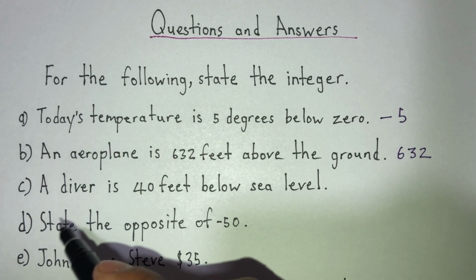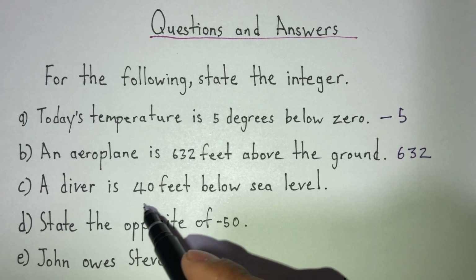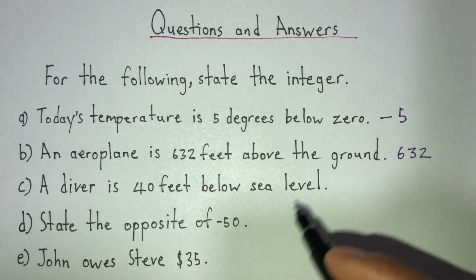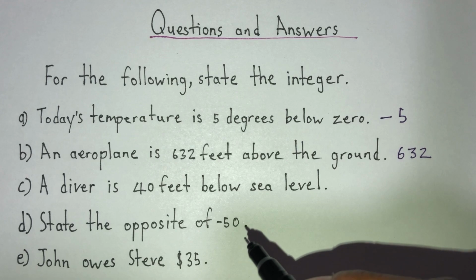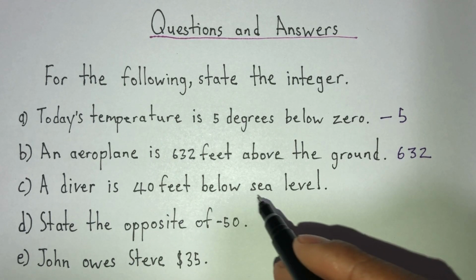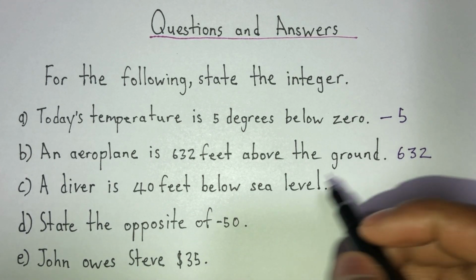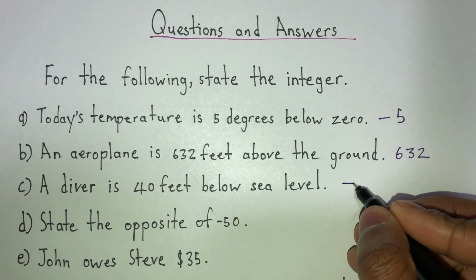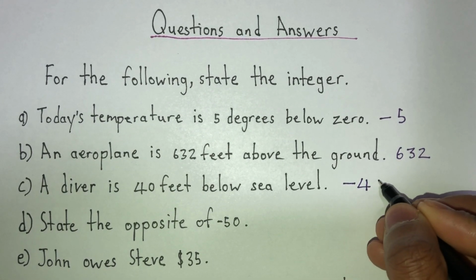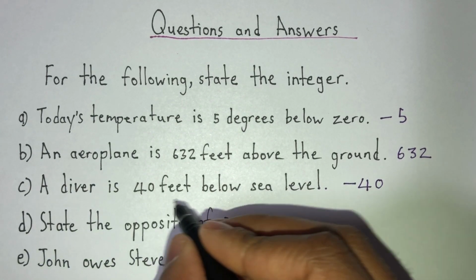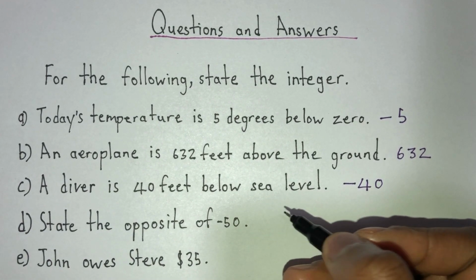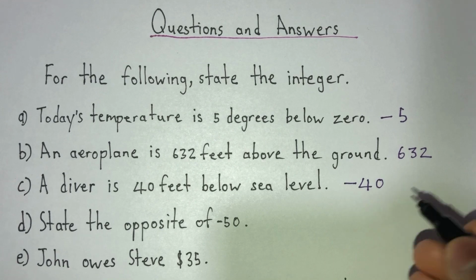Example C. A diver is 40 feet below sea level. Therefore, this is negative 40 because it is 40 feet below sea level. If it was above, we would put 40.